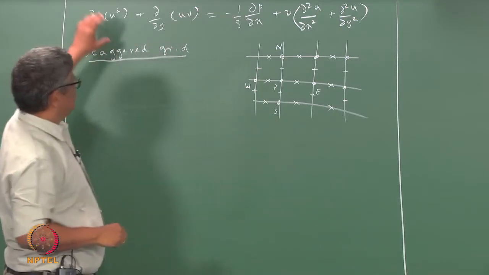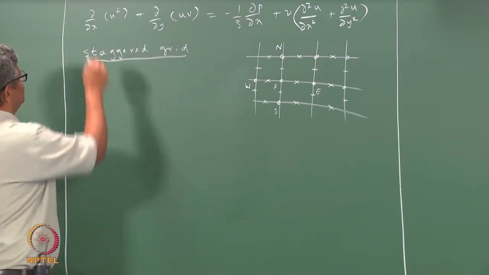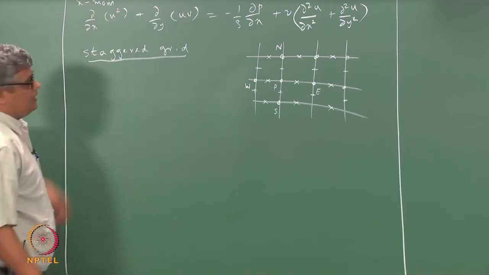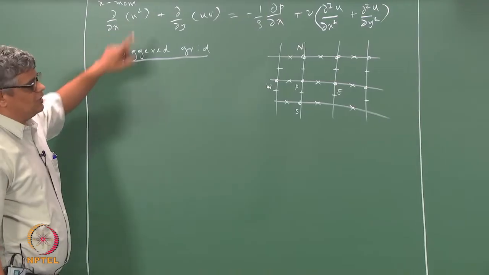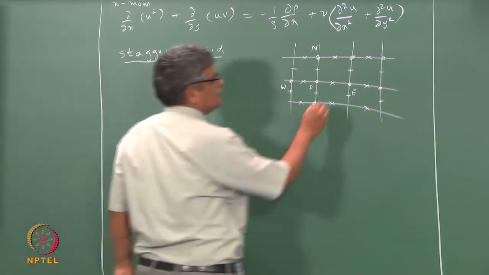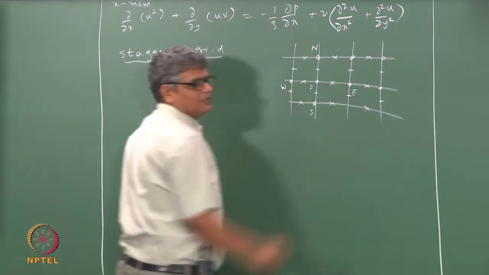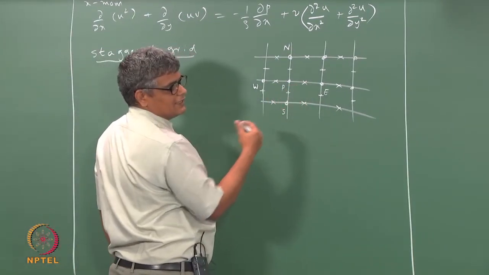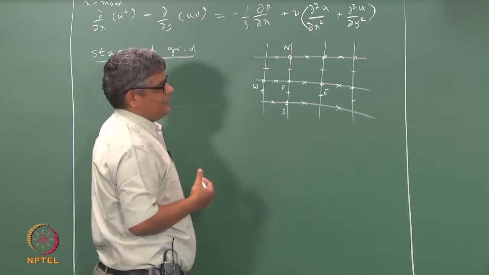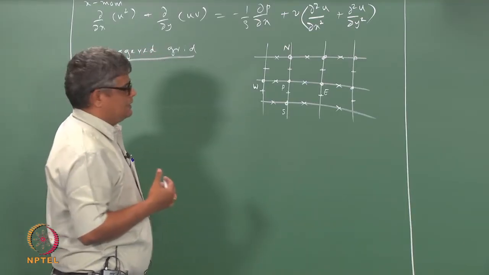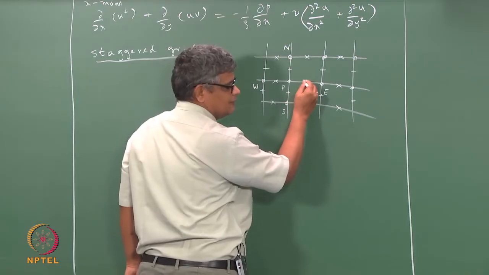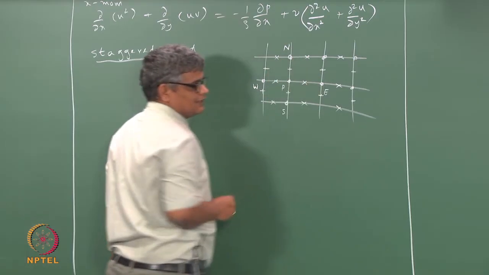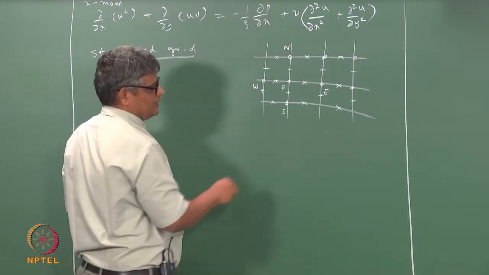Now, when we are trying to discretize the x momentum balance equation and get u velocity from this, we are looking at this particular point here. We are looking at a control volume, a cell, which is not centered around capital P and capital E.